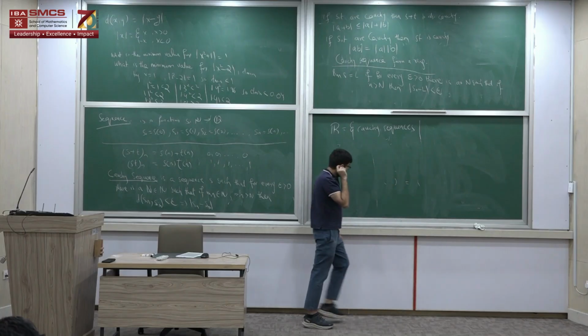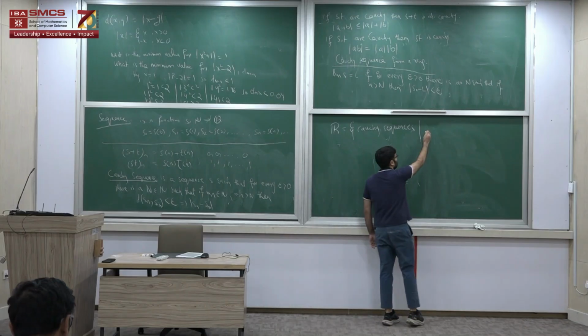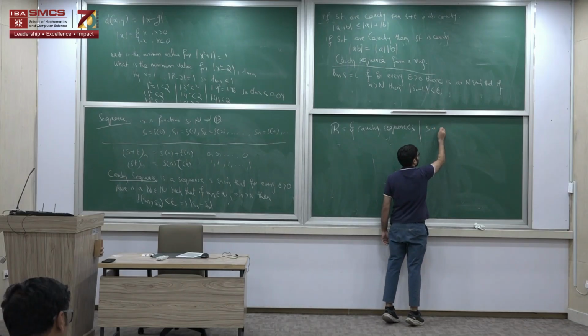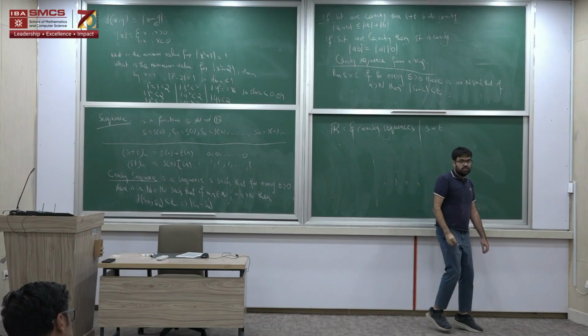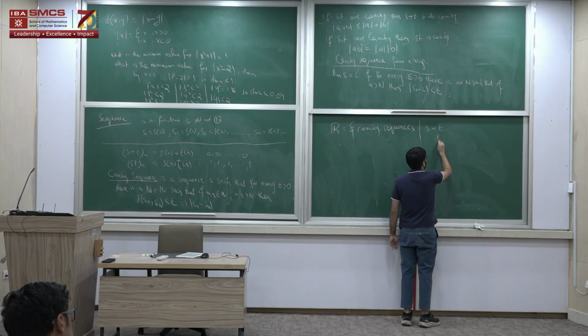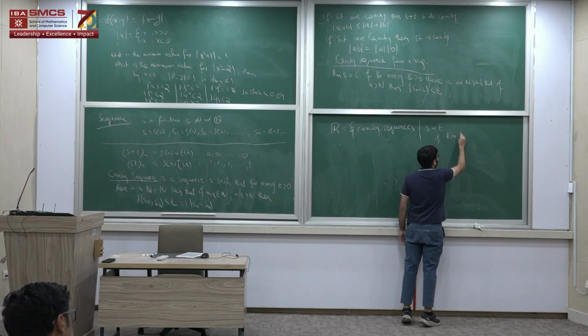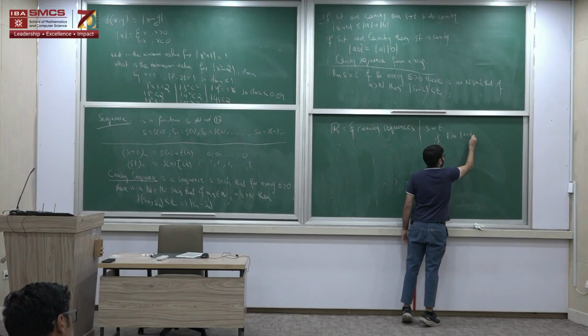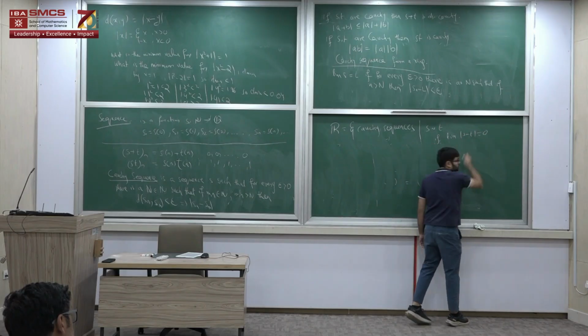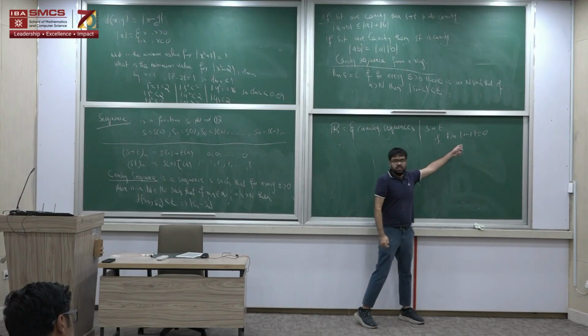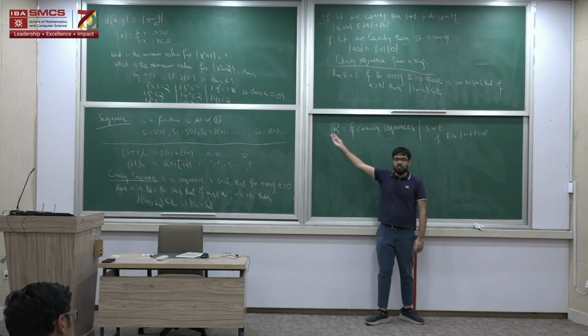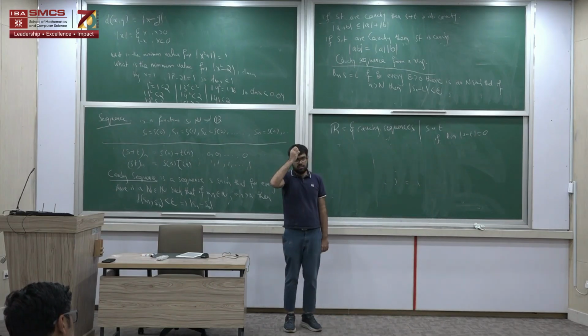But I have a relation: a Cauchy sequence S is the same as a Cauchy sequence T if the limit of the absolute value of S minus T is 0. And this equation makes complete sense staying within the rational numbers.